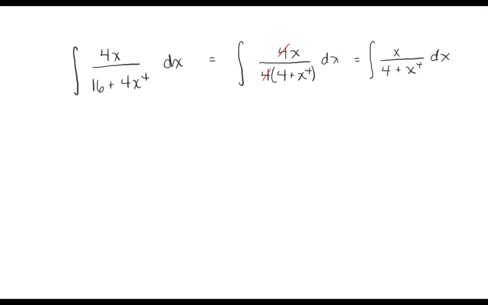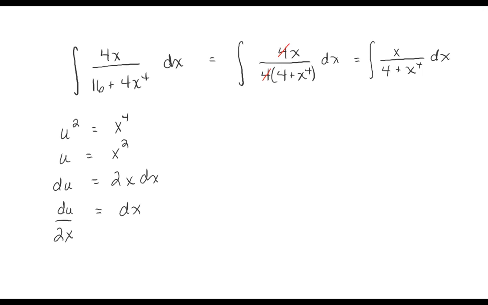And I'm thinking u squared equals x to the fourth. So u equals x squared, and du is 2x dx, or dx is du over 2x.